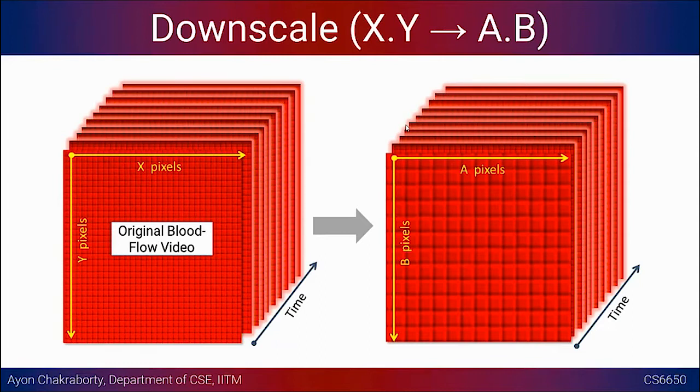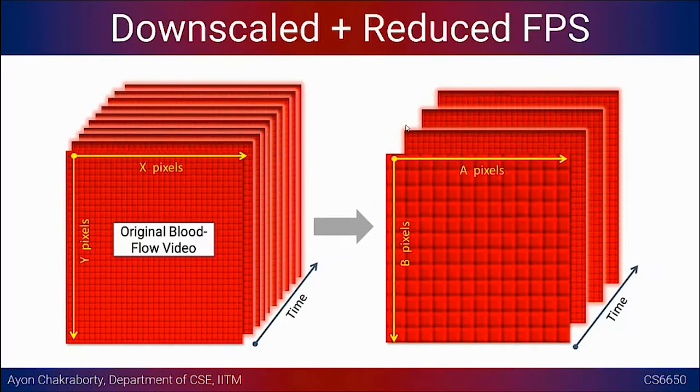I have posted some links with a tutorial on how to do this, but these are so common that you will easily find them on the internet if you do a little search on how to use OpenCV to downscale and reduce your frames per second. So in all, you will have a downsampled, downscaled version of the video with a reduced FPS.